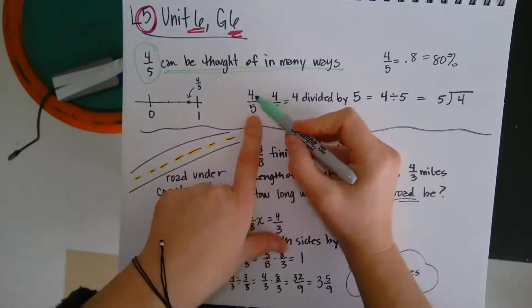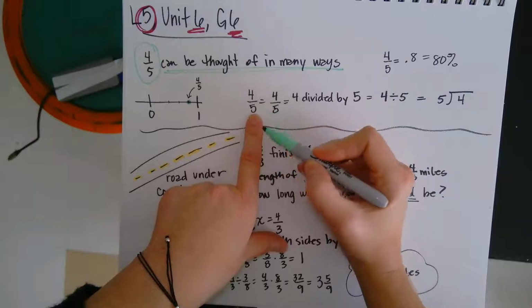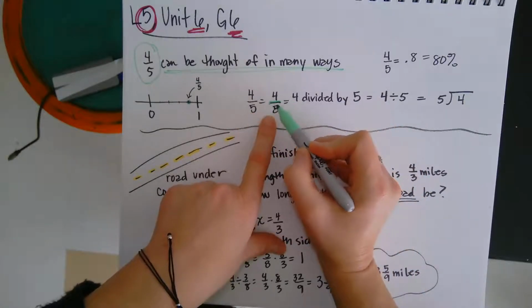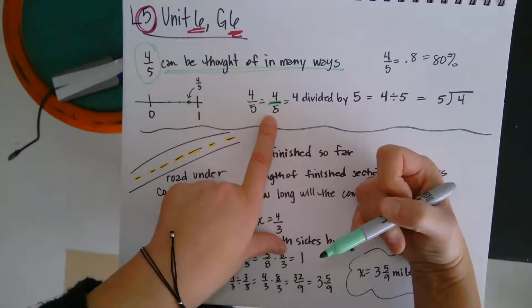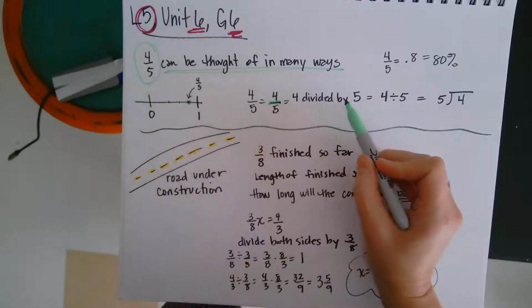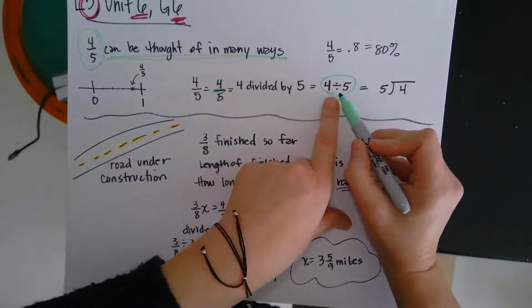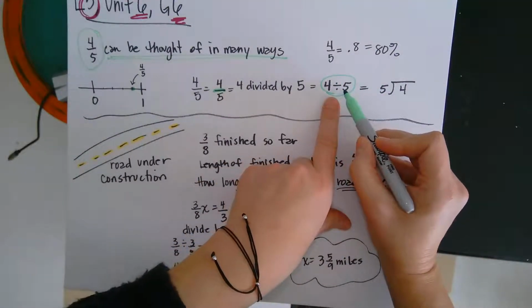I can also think of 4/5 as a division problem. This means 4 divided by 5. That's why I write division oftentimes as fractions. Here I wrote it out, 4 divided by 5. You might see it, especially in elementary school, written like this, 4 divided by 5.